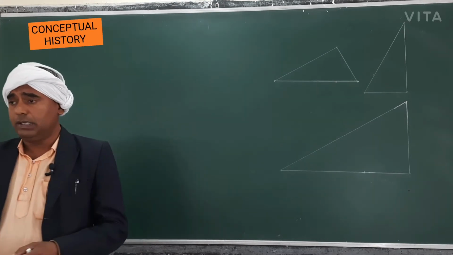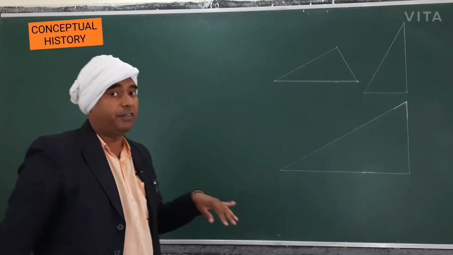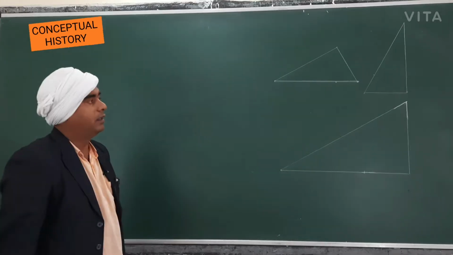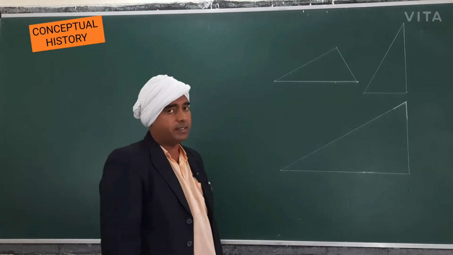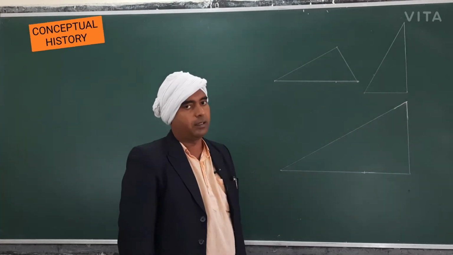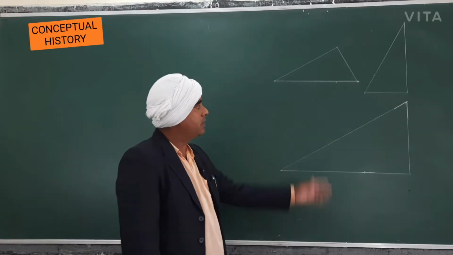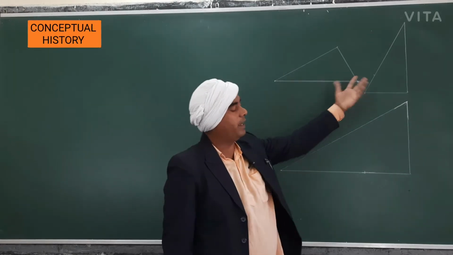So let me revise chapter number 8 but in a different manner. Can you see these triangles? Can you tell what is common in these triangles? Just look at it. What type of triangles are these?